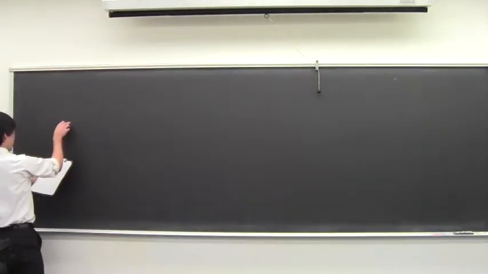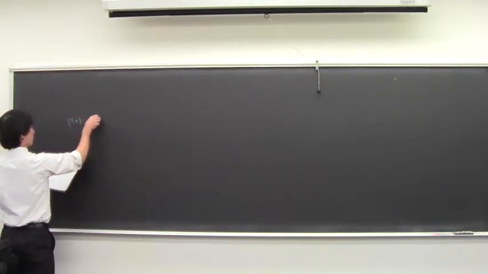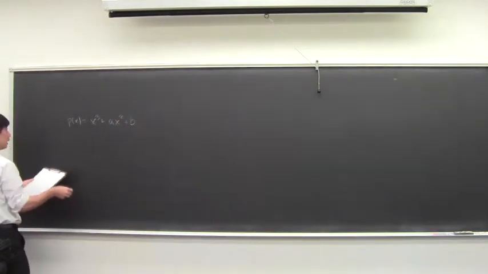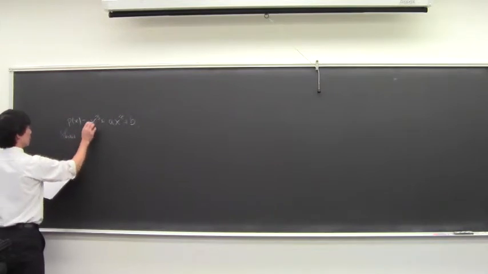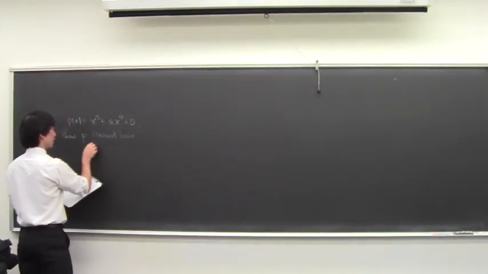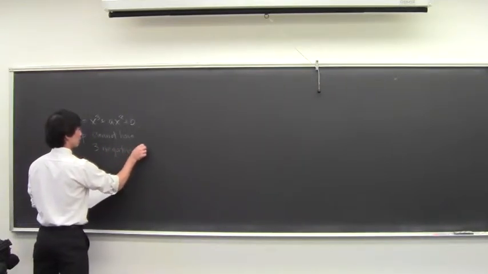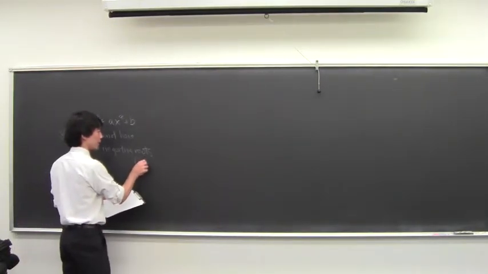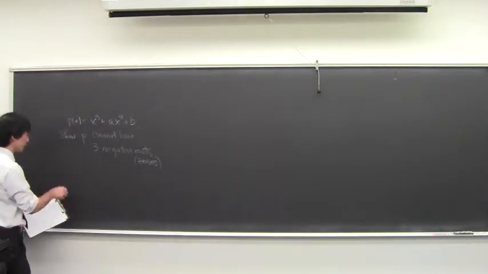Okay, so this guy here, x cubed plus ax squared plus b, and it said show this P cannot have 3 negative roots. Roots are of course the same thing as a zero, right? A place where it intersects the x-axis.